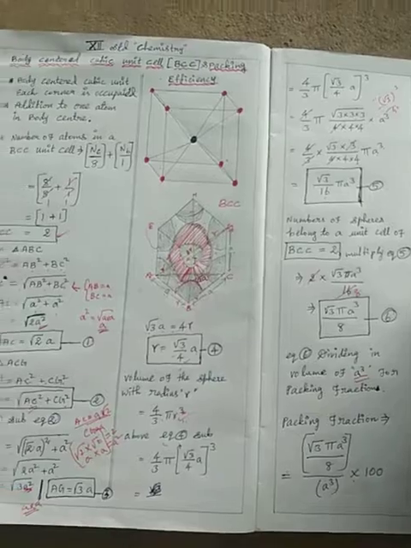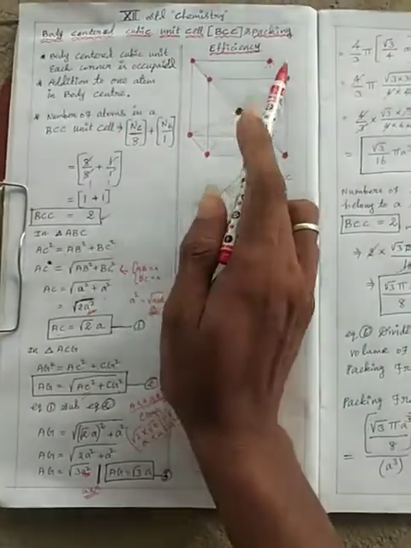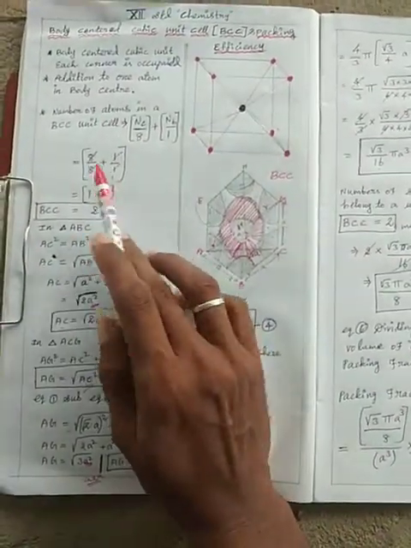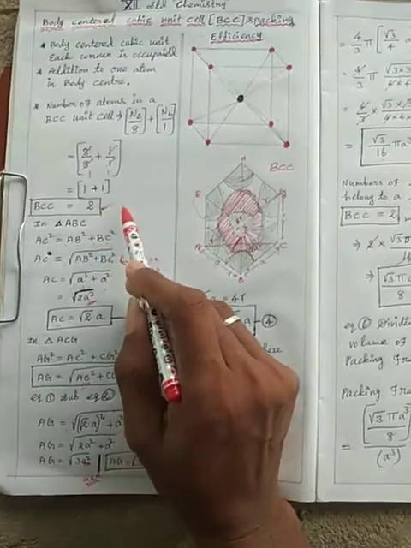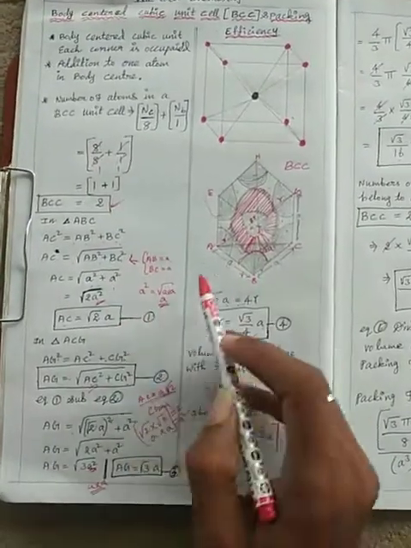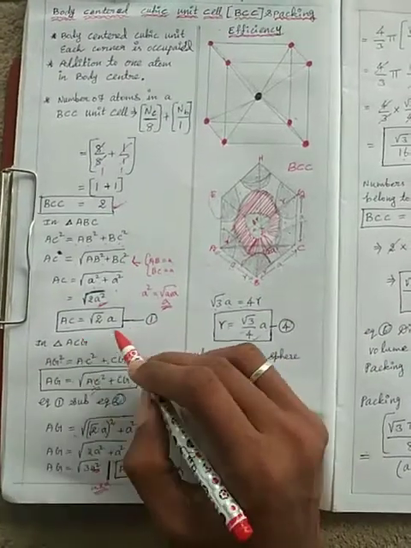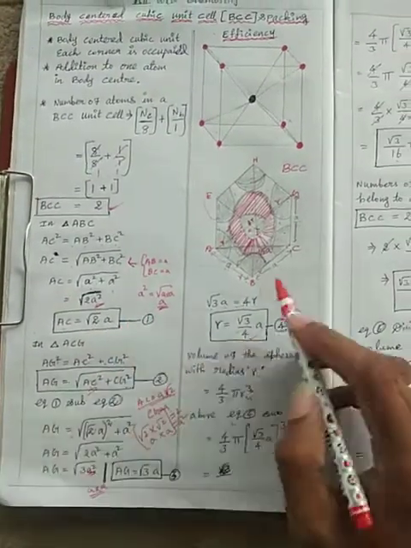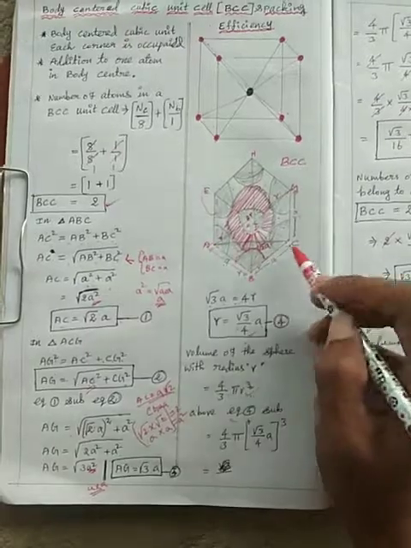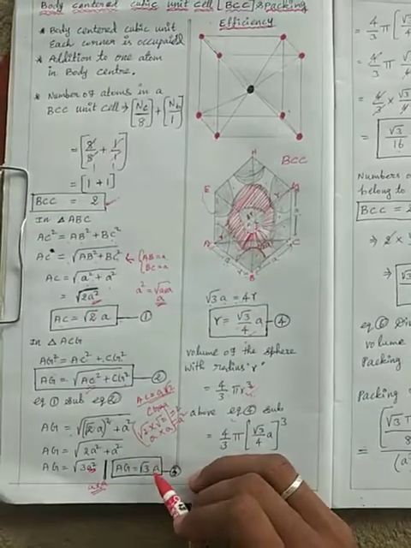So today we discussed body centered cubic unit cells, and the number of atoms per unit cell is already known, 2. In the first triangle, by the Pythagoras theorem, the first value AC equals root 2a, and the next triangle value ACG is root 3a.